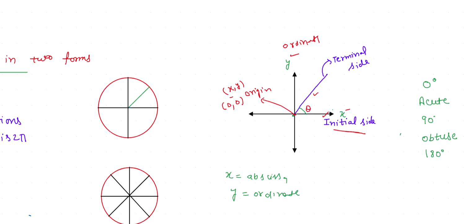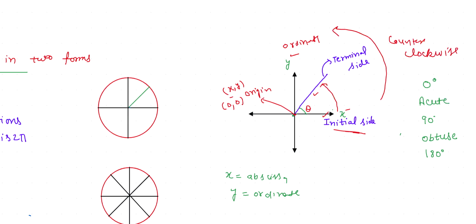Clear? Okay. An angle is measured by the amount of rotation from the initial side. So it is measured by how the terminal side is rotated from the initial side. A positive angle is made by a rotation in the counterclockwise direction. If the rotation is counterclockwise, then you will find the angle positive.